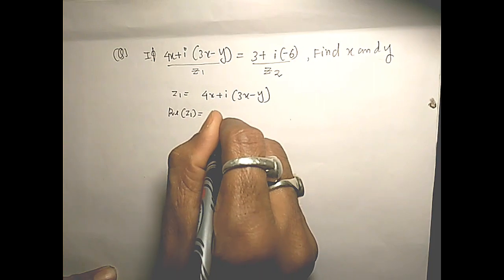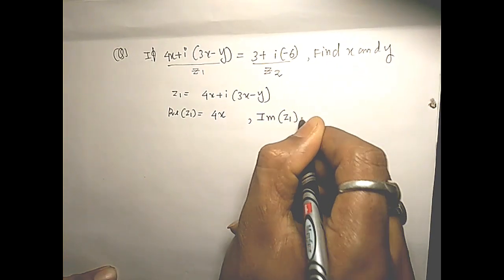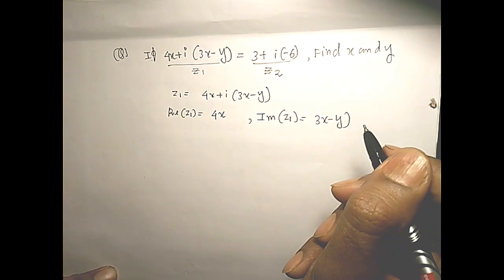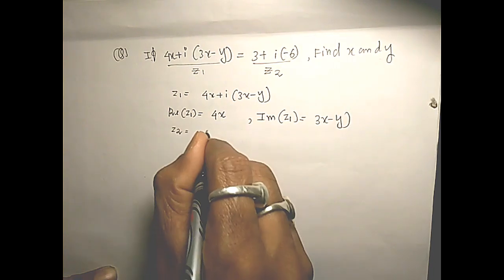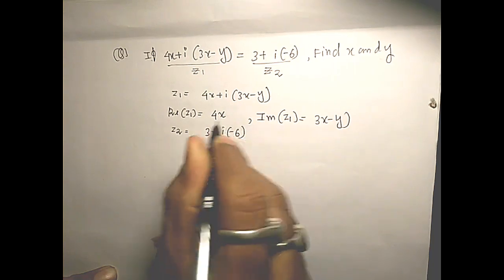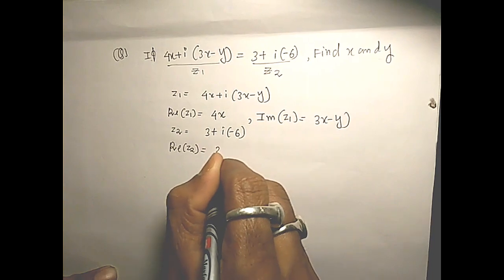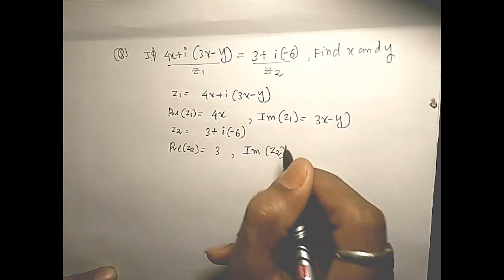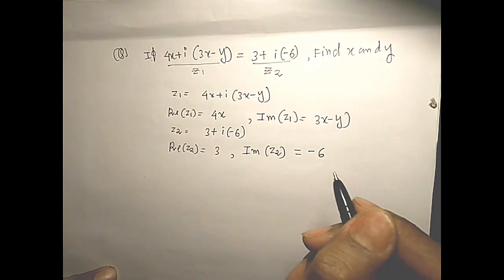Real part of z1 is 4x, imaginary part of z1 equals 3x minus y. Real part of z2 equals 3, imaginary part of z2 equals minus 6.